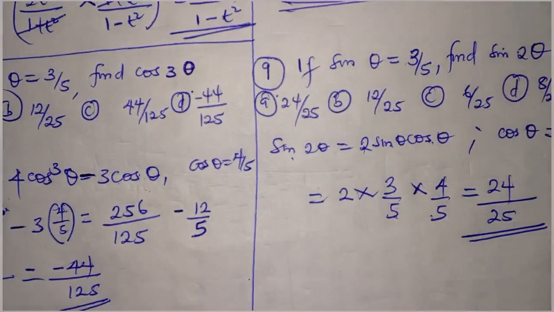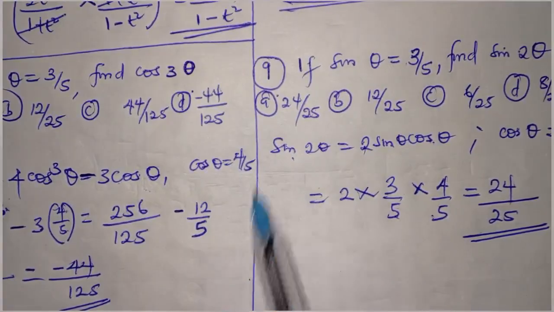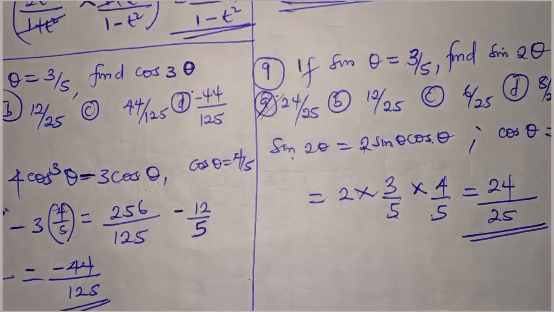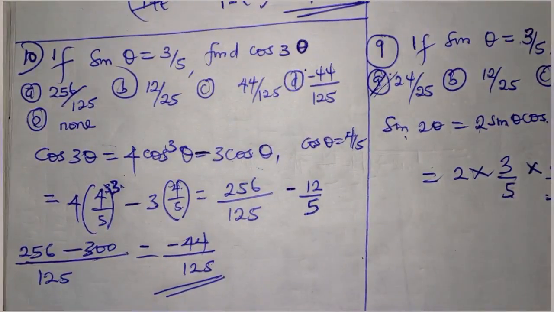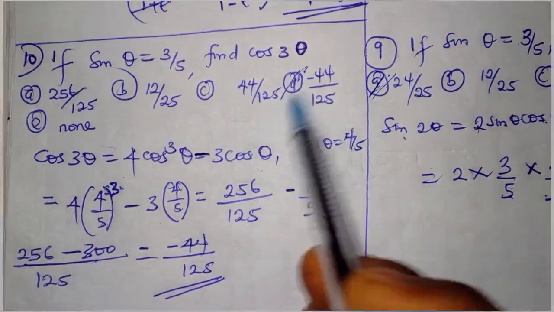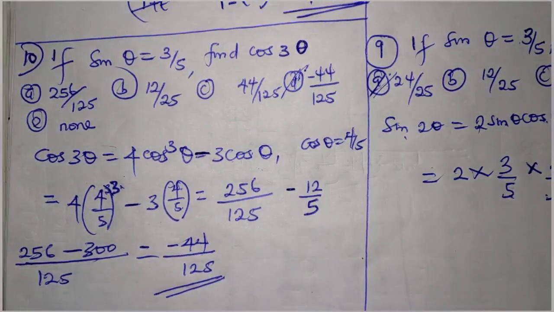Alright, so in question 9, the correct answer is option A, and here in question 10, the correct option is option D, minus 44 over 125.